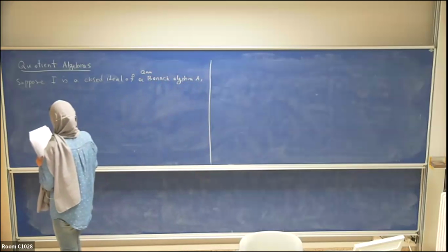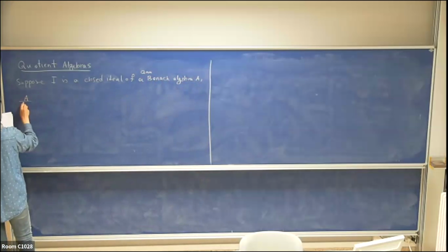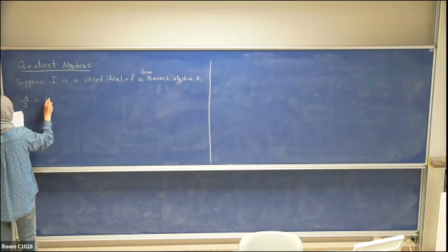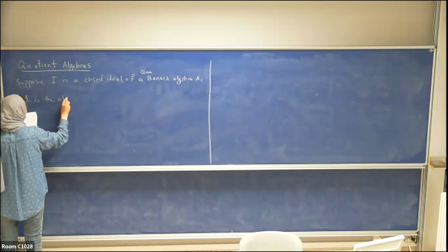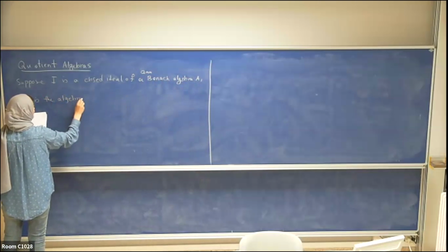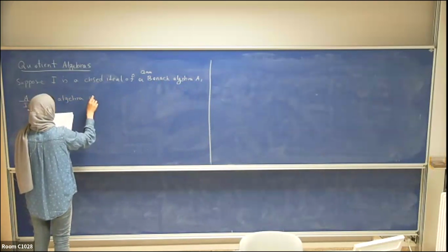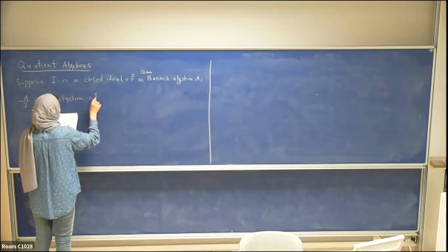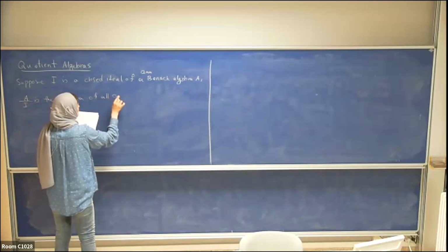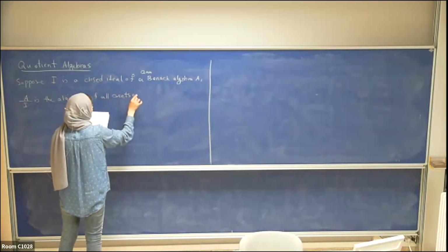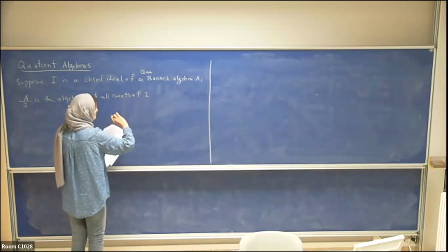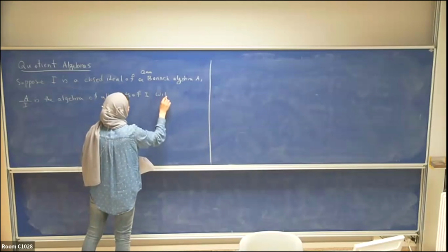A over I is the algebra of all cosets of I in A, with the quotient norm.